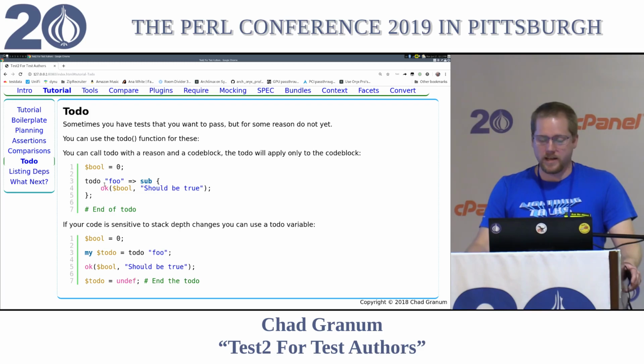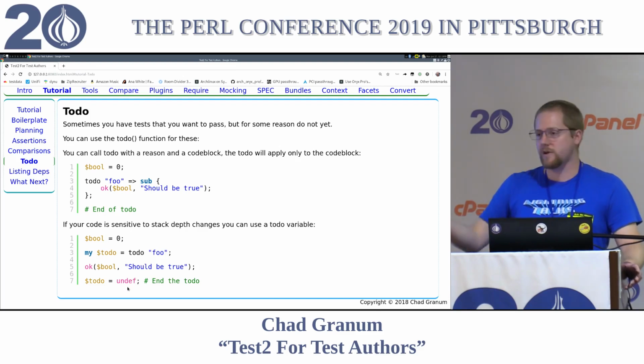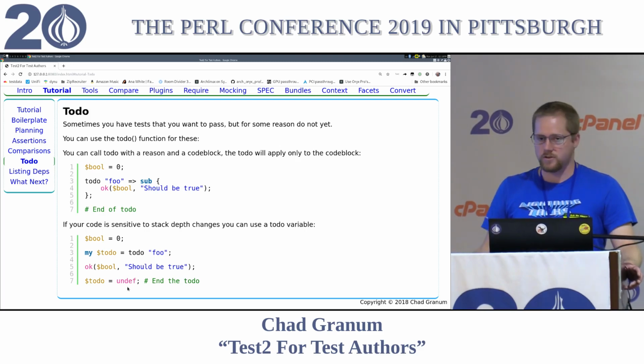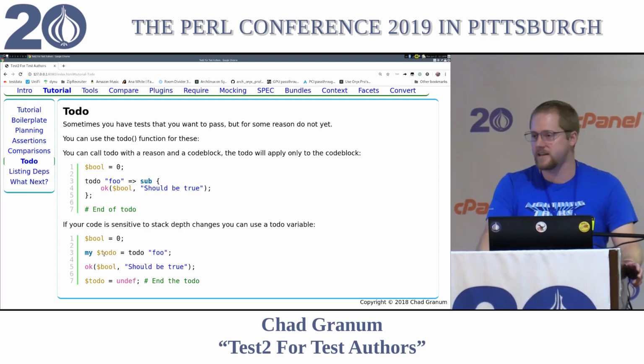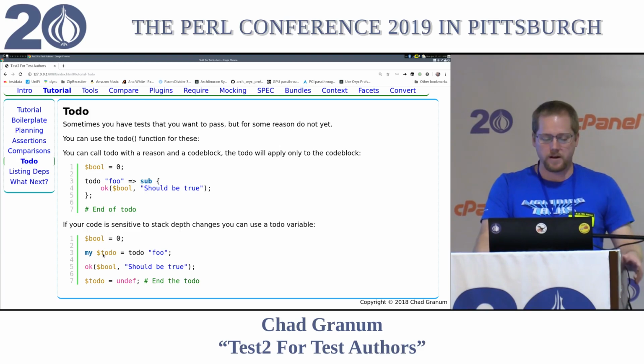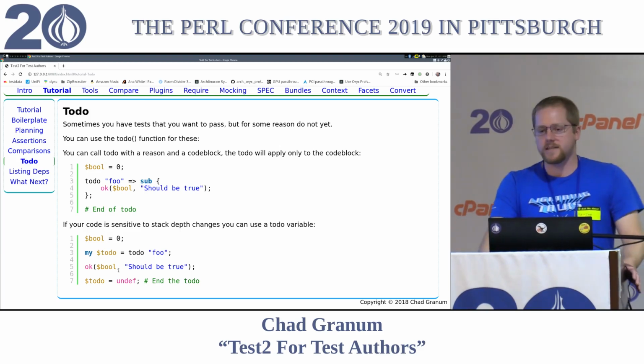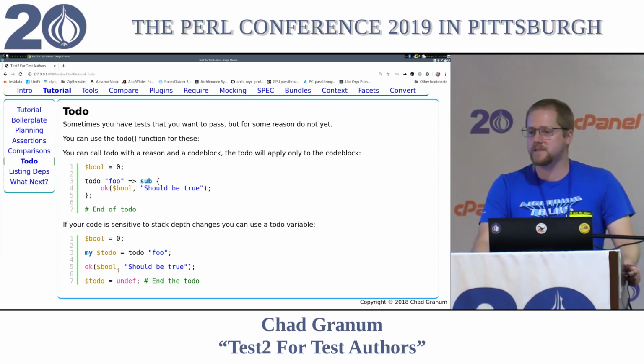With Test2, you get a todo function. First argument is always the reason for the to-do. Then you can pass it a sub, and everything in that sub will be to-do. Or you can capture the return from that, and it'll be in to-do until end of scope. So if you're trying to replace one of those legacy things that use the uppercase TODO variable, you could replace it with this pretty easily without rewriting your code. It's also useful if you've got a test that's verifying stack depth in some way and you don't want to add another scope.